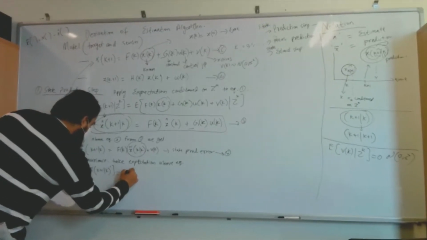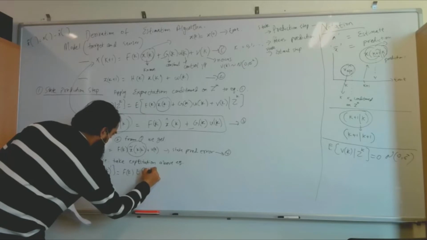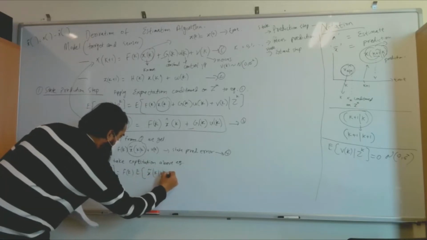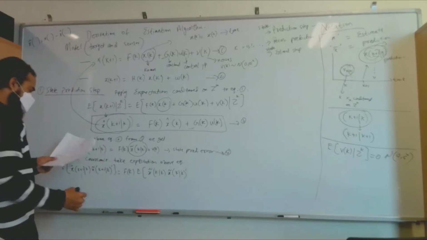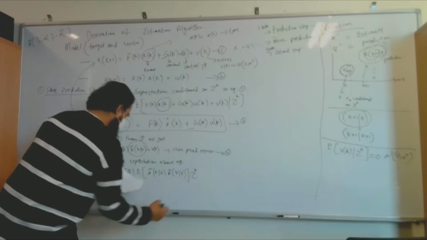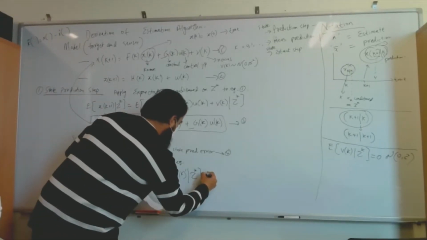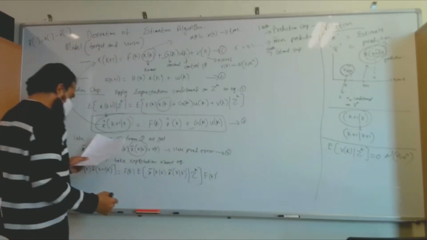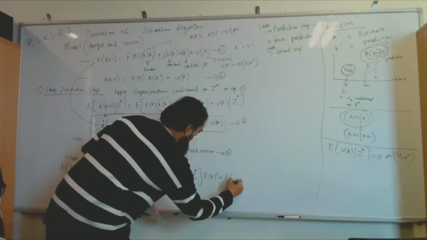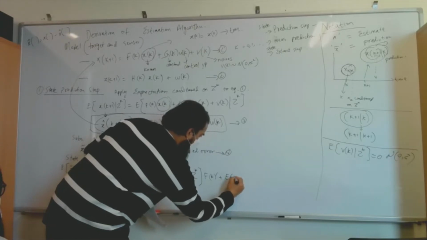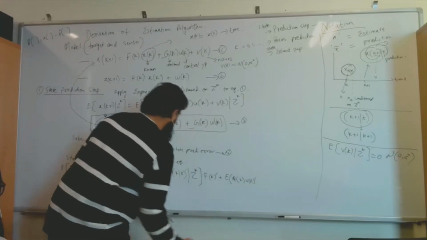So this is SK expectation of transpose conditioned on ZK, FK transpose and V of K transpose.